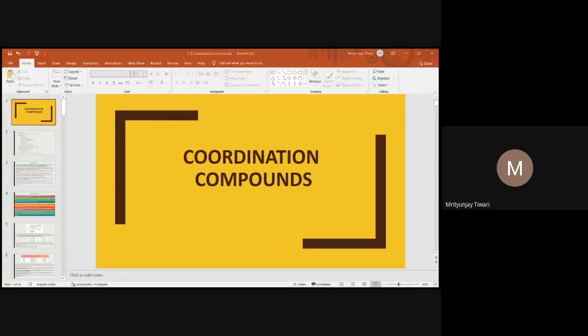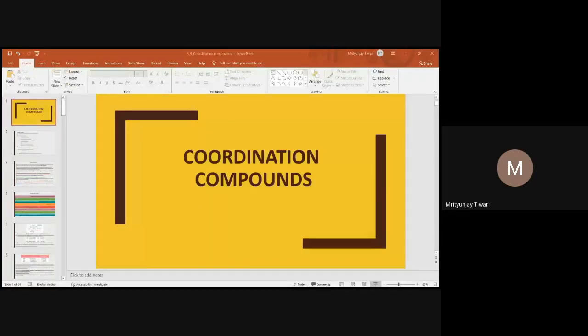The central metal can have oxidation state zero, or it can be positively charged. So the central metal can exist in the form of an ion, having some positive oxidation number, or it can exist in the neutral state, meaning it has no positive charge, so its oxidation number is zero.